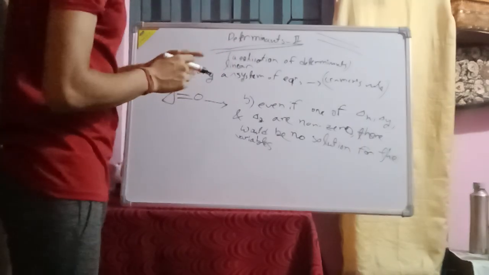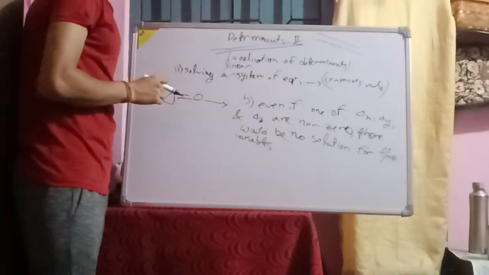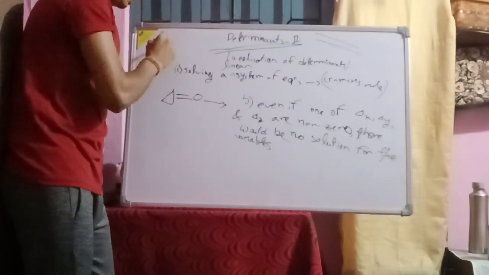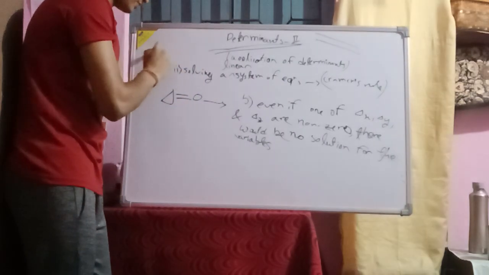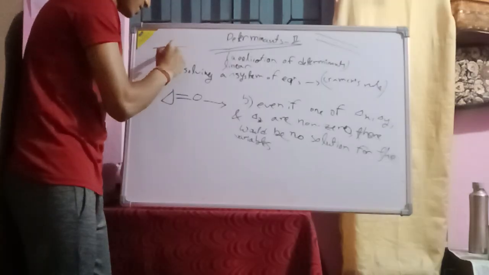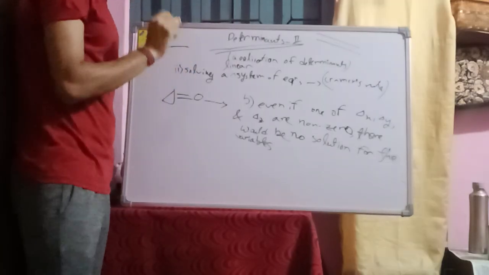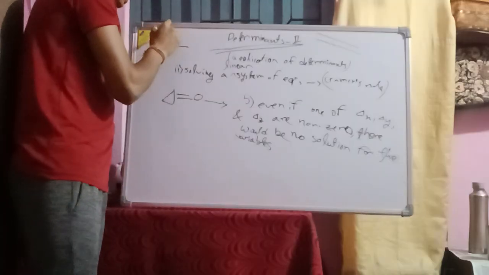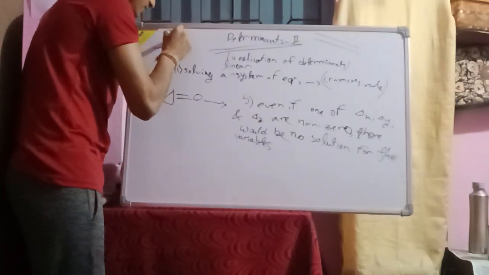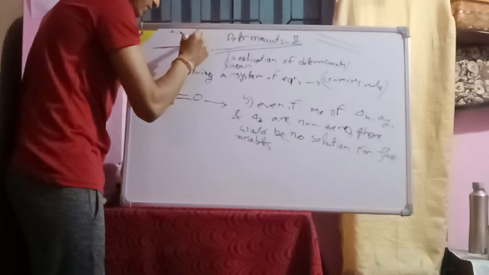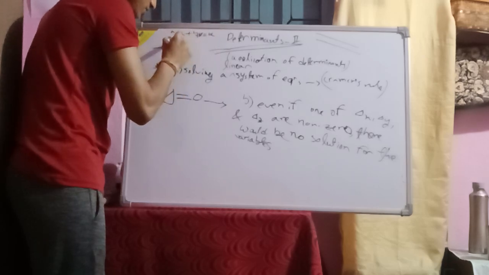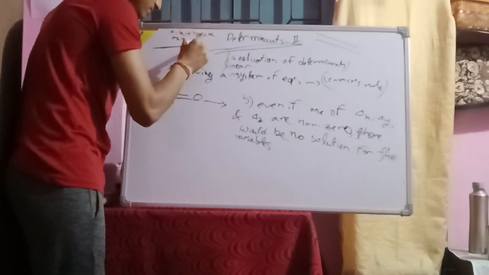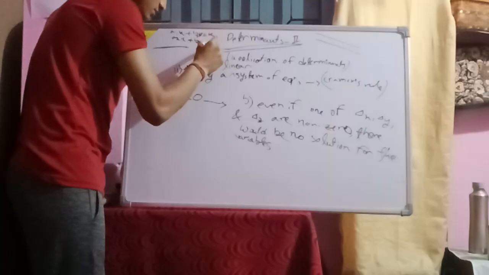I think I forgot to mention one thing about the previous scenario. If the two straight lines are the same, that means the equations would also be the same. They might be in different forms. Let's say that the two equations are a1x plus b1y equals k1 and a2x plus b2y equals k2.